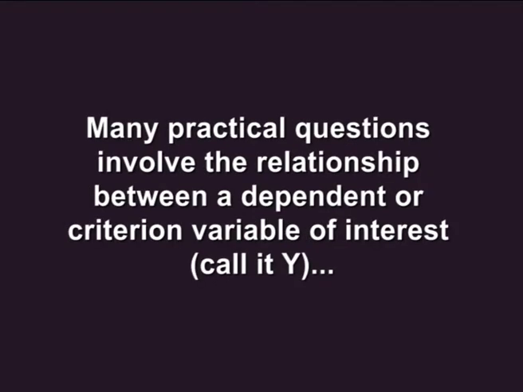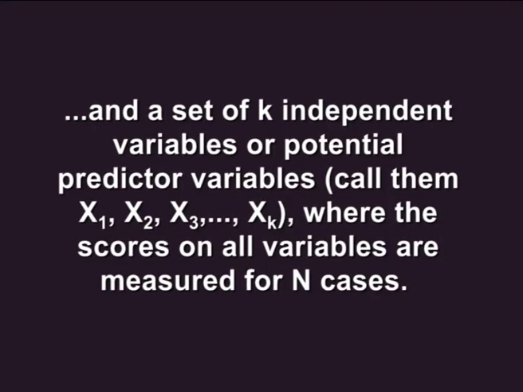Many practical questions involve the relationship between a dependent or criterion variable of interest, let us say y, and a set of k independent variables or potential predictor variables, let us say x1, x2 and so on up to xk, where the scores on all variables are measured for n cases.